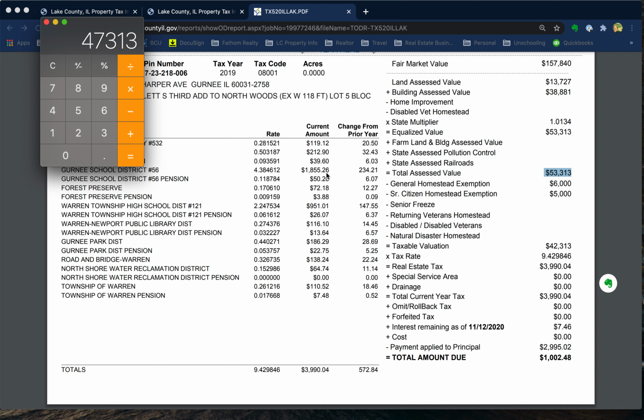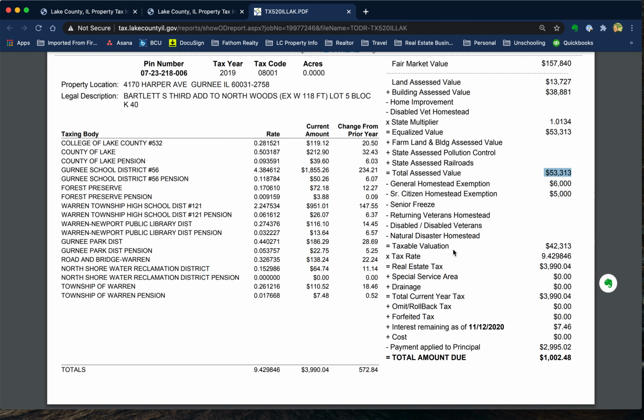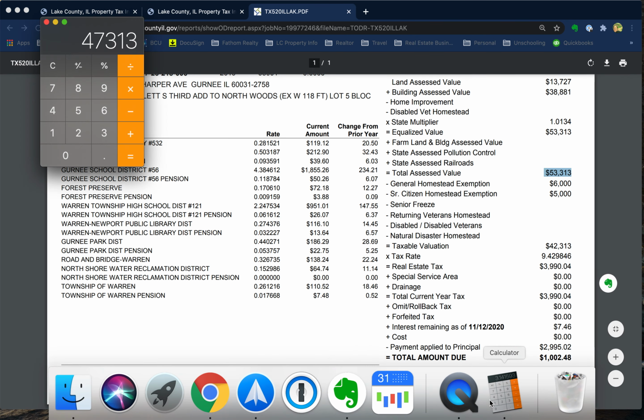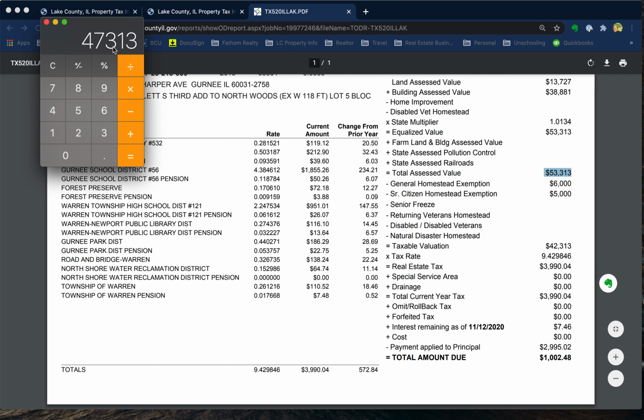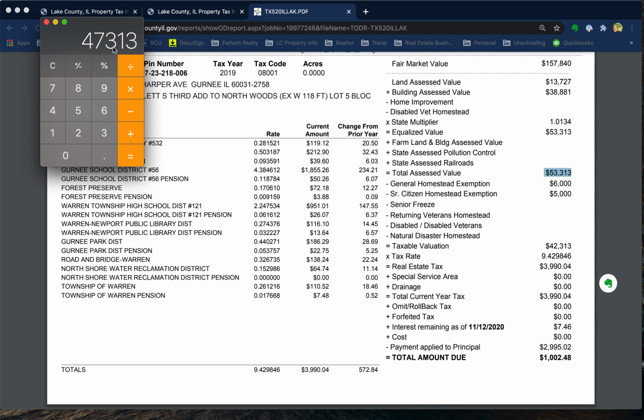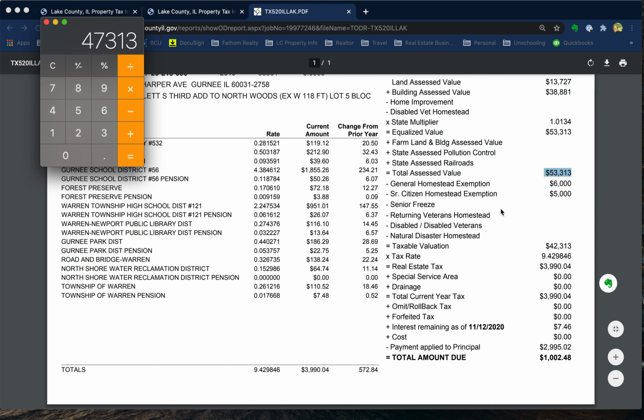So I'm left with a taxable valuation of 47,313 right here, which I can just really look at that number and add 5,000 because I didn't subtract 5,000. So that's another way to look at it. So 47,313 is what the taxable valuation of the property would be if I was not a senior citizen and I was taking the total assessed value minus the general homestead exemption.